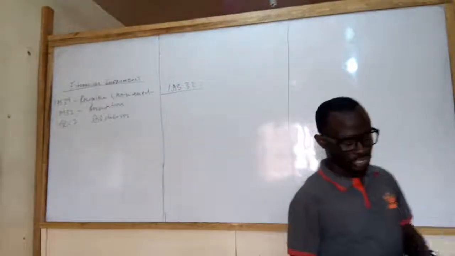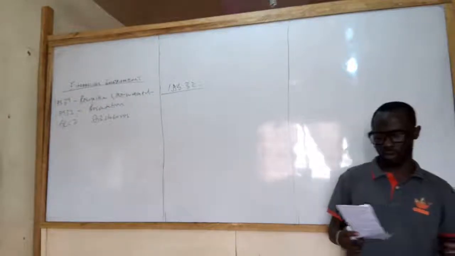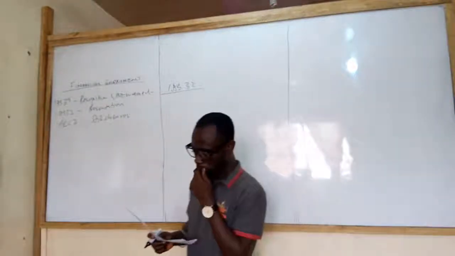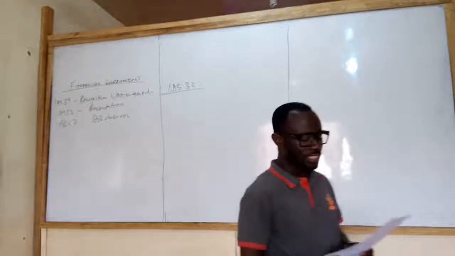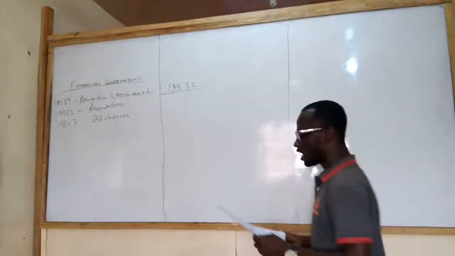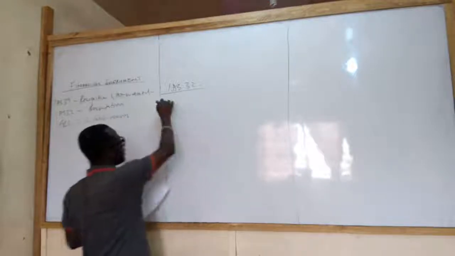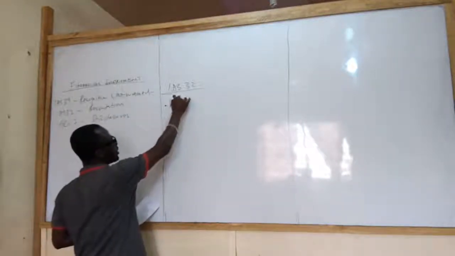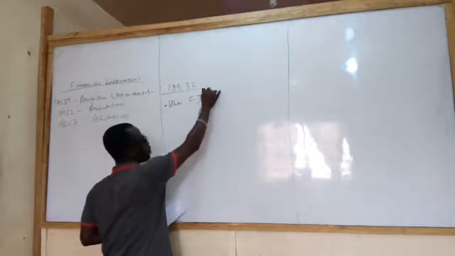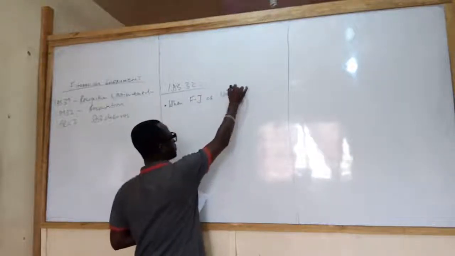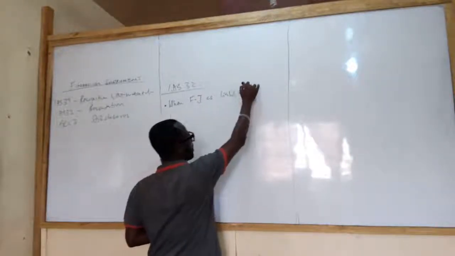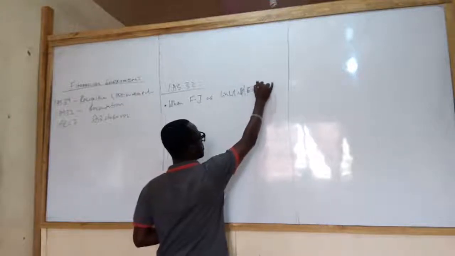Now, when we talk about presentation, there are three things we need to talk about. One, when to present a financial instrument as a financial liability or equity instrument by the issuing entity. So when do we present a financial instrument as a liability or equity?